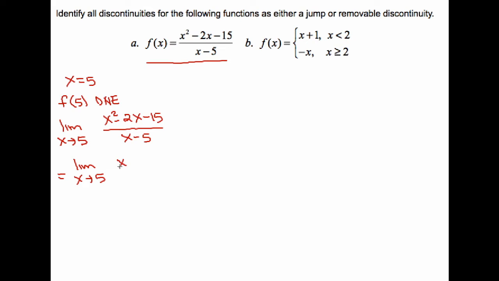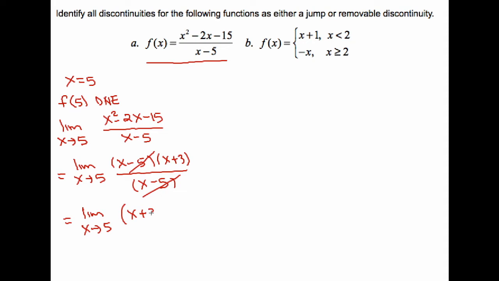If I go to factor the numerator, I have x minus 5 times x plus 3. And because I have a common factor in the numerator and denominator, I can go ahead and cancel those factors. So when I evaluate the limit, I now am evaluating the limit as x approaches 5 of x plus 3. And that's just equal to 8.